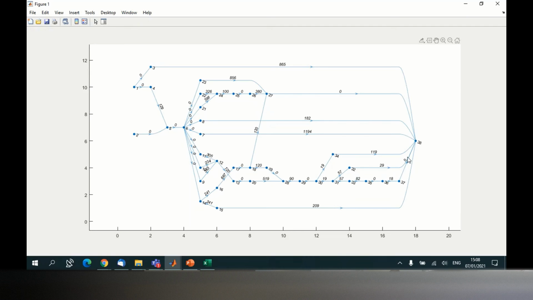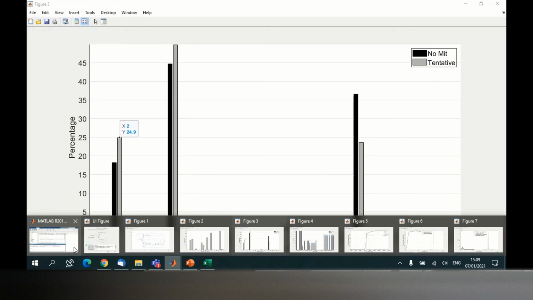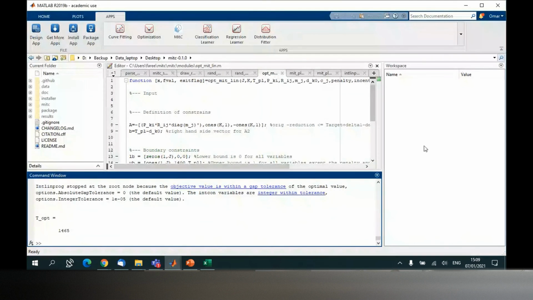Oh, okay. And all activities that are on the path make this path. So it's just an ID for a path, but we don't know which path that is. And this is maybe some improvement that we have to do, to show which activities are on which path. You cannot see it now unless you go into MATLAB.